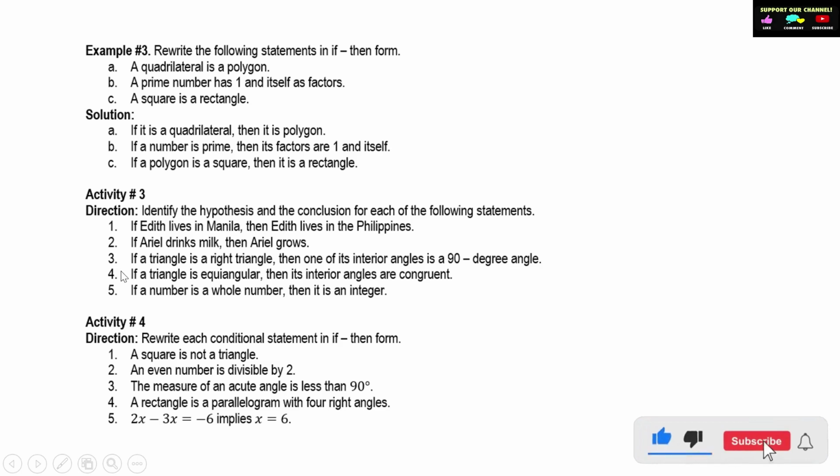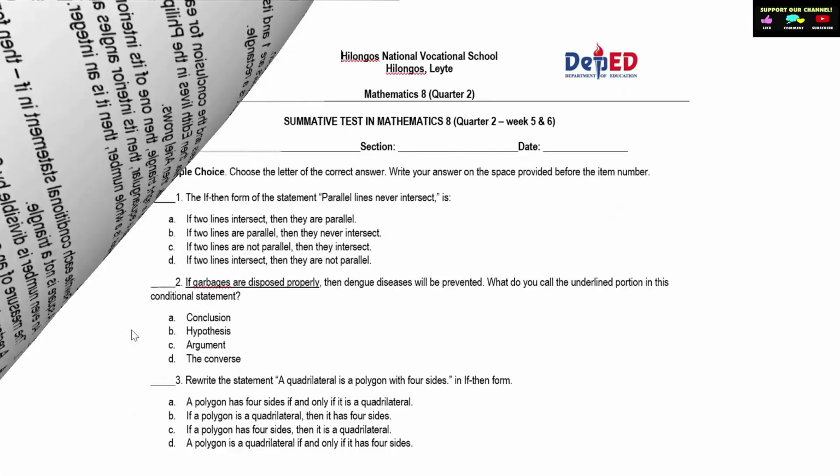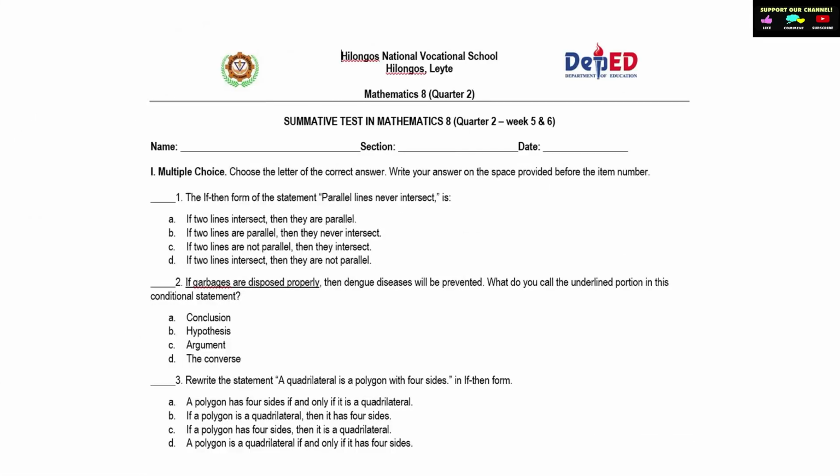So for number 3, 4, and 5, take a look at the answer key box, and so as the activity number 4. The last part of your activity sheet, this one, the summative test. All you have to do is to answer this one. Multiple choice is only 1 to 5, and there is one problem for you to solve. It is 10 points, so a total of 15.